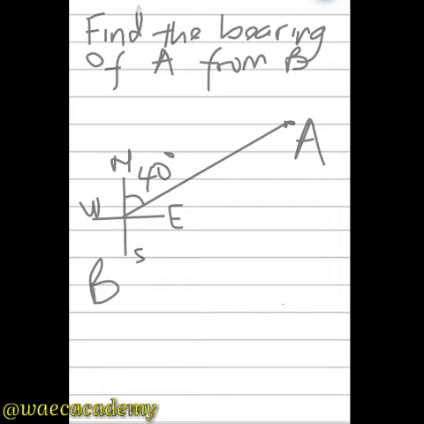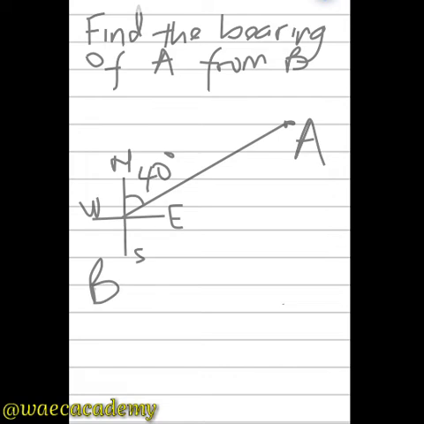Now, in acute angle bearings, if the direction you are trying to move towards is at the top, that is, above east and above west, the angle of the bearing is measured starting from north till you reach the line that's going towards A. So that's how it is done.